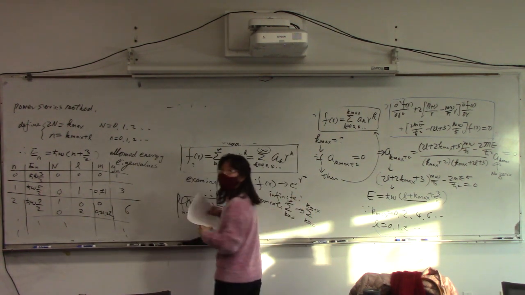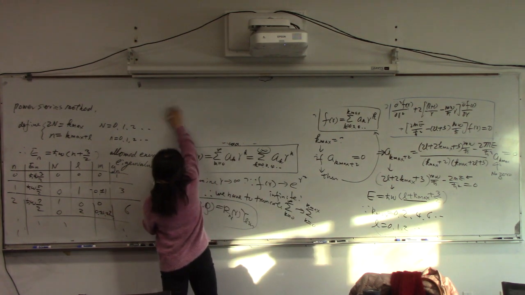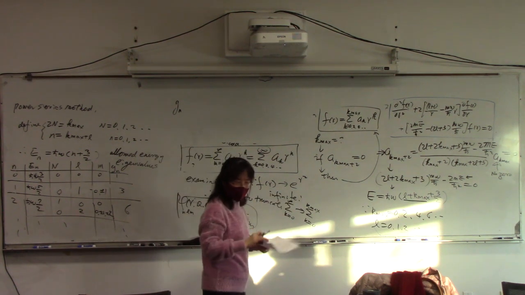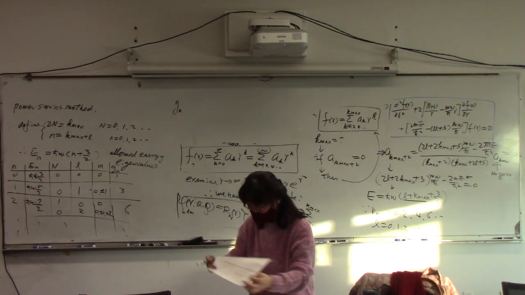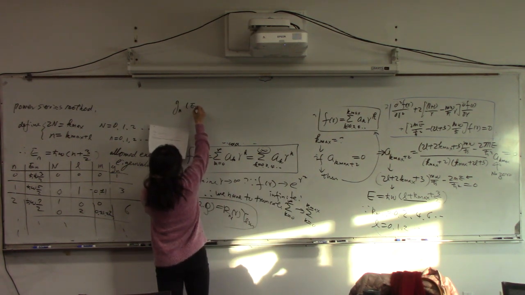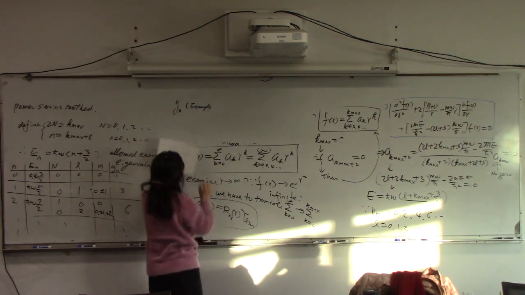Here, the degeneracy for a given n, now I just do not derive the details since the textbook gave you this example here. But did you see this example? Let's see here.